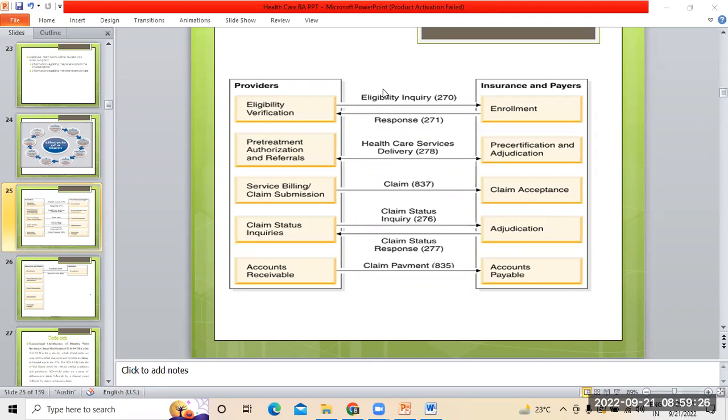For status and all, directly you will mention 835. 835 will be used for claim payment, right? That's how it usually is. We don't mention it as EDI. EDI stands for electronic data interchange, and the name itself says that. So the code numbers are what we use.